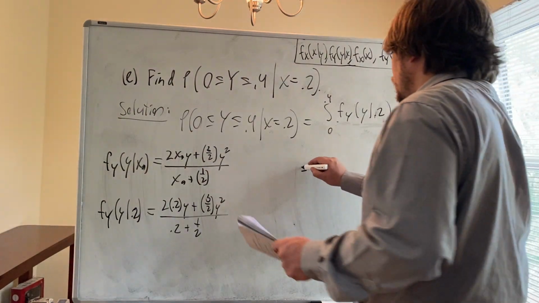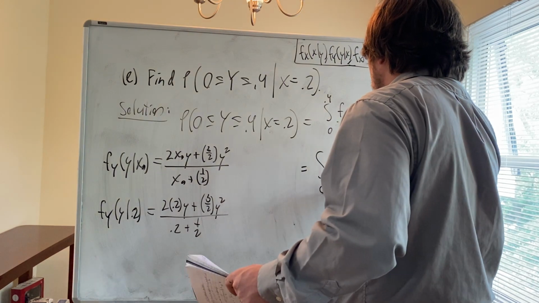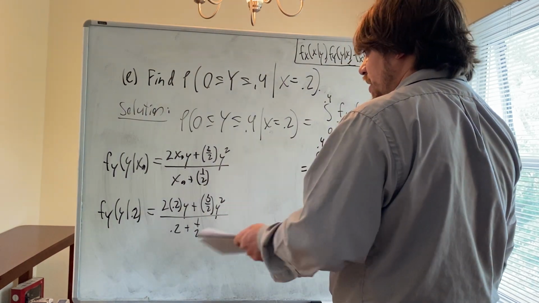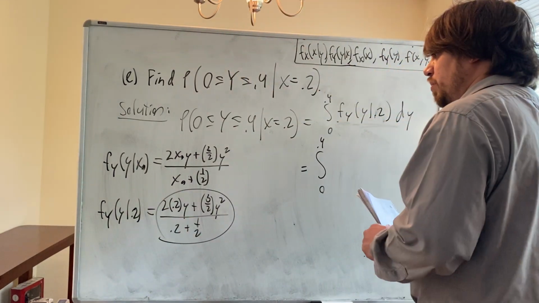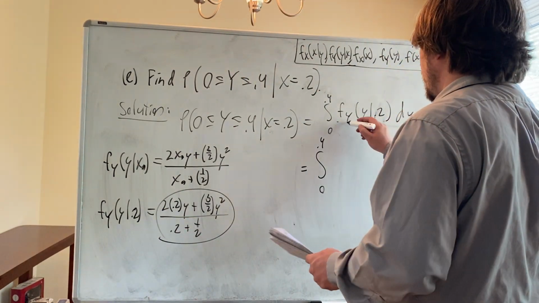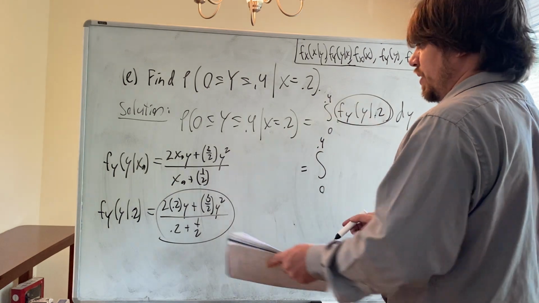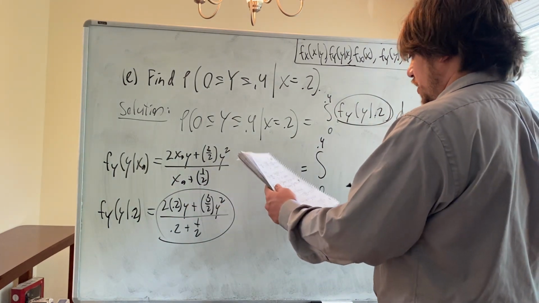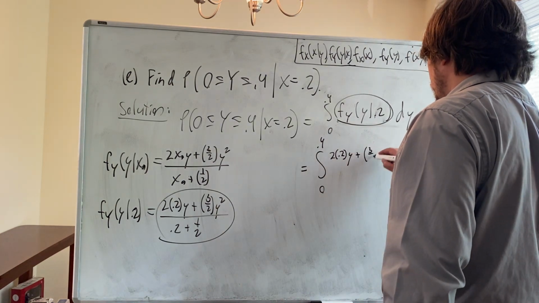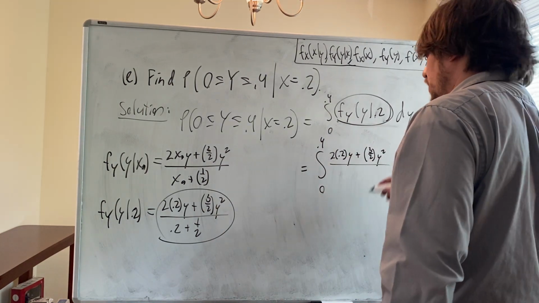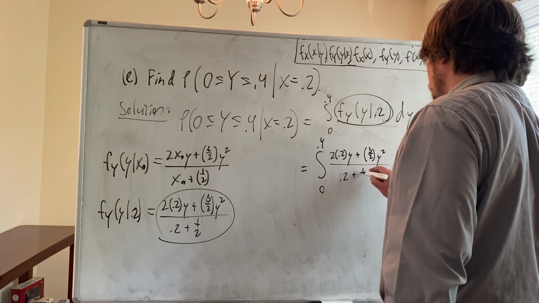And so this is equal to the definite integral from 0 to 0.4 of this expression here. This is f sub y of y given 0.2. So you just plug that in for this, right? And so you substitute that for that, and you get 2 times 0.2 times y plus 3/2 y squared divided by 0.2 plus 1/2.